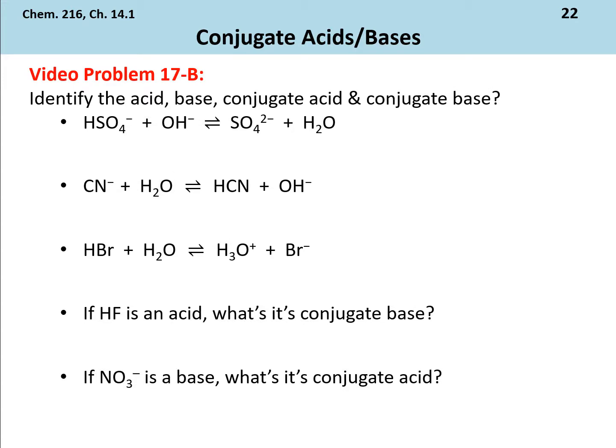Let's have you do video problem 17b. In the first three, you need to identify the acid, base, conjugate acid, and conjugate base. In 4 and 5, I ask a question. I say HF is an acid, so what does it produce? And I say N3- is a base, so what is its conjugate acid?